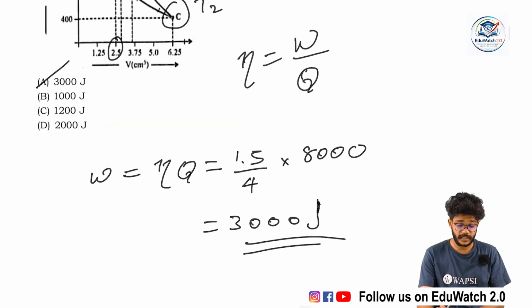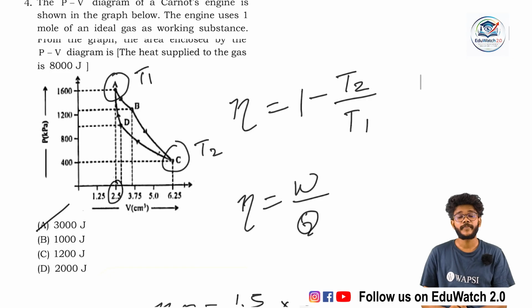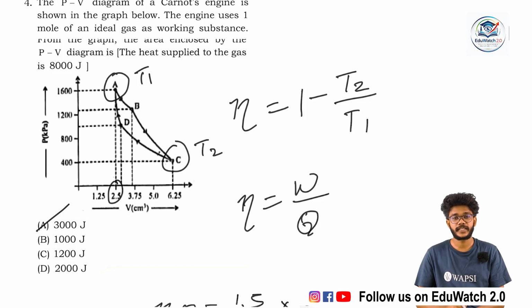And the next equation: eta is equal to 1 minus T2 by T1. What is T1 and T2? T1 is the temperature for the isothermal expansion, that means the volume is increasing. And T2 is the temperature for isothermal compression.